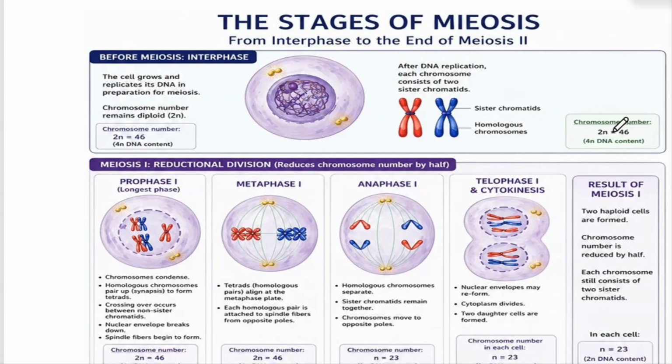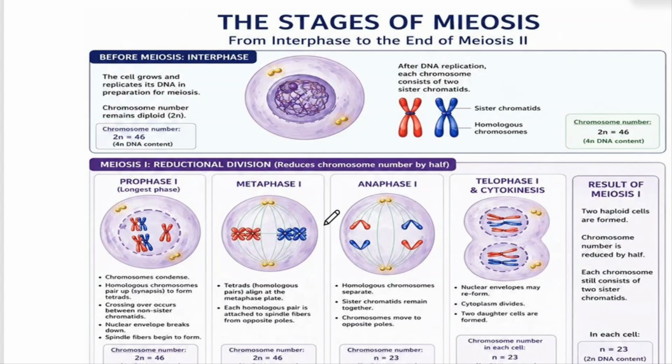The chromosome number is 2n, 46 chromosomes. However, each chromosome is now composed of two sister chromatids, here one sister chromatid and the other sister chromatid.